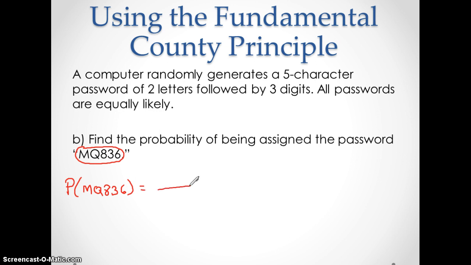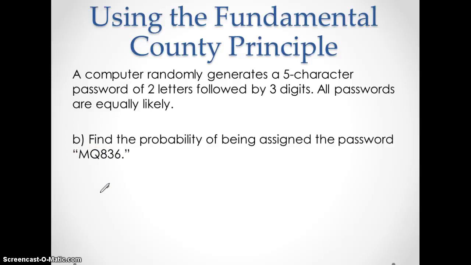And we know that probability is what we want over the total outcomes. As we just found out, there are 676,000 outcomes. And out of all those outcomes, only one of them would be MQ836. Only one. So the probability will be 1 out of 676,000.